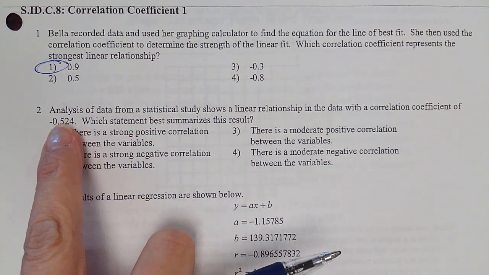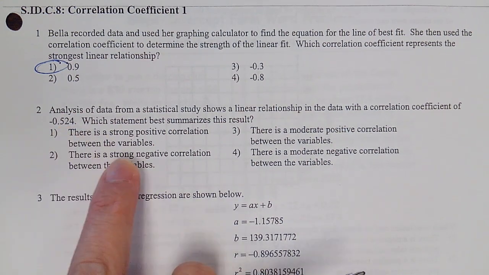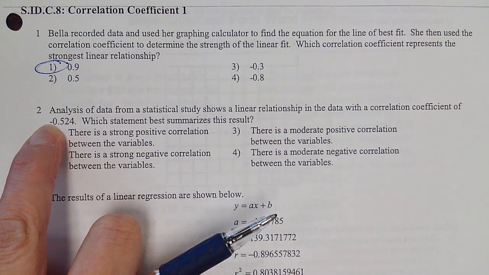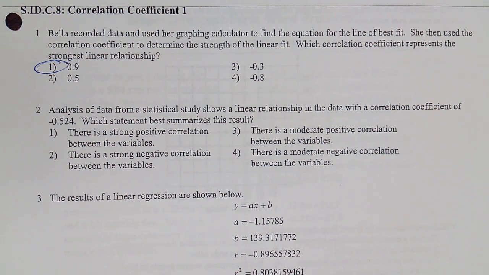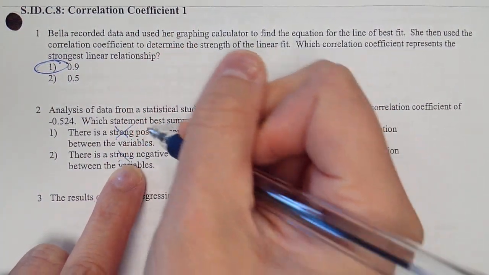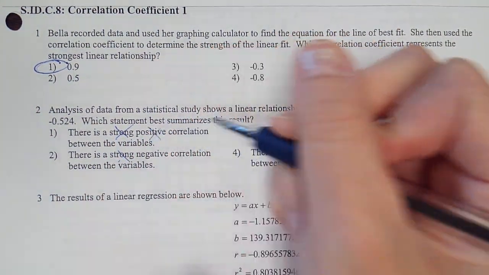Number 2. Given a correlation of negative 0.524, which one do you think it is? First off, the fact that the correlation is negative tells us it's what type of correlation? Negative. So that means this is out, because there's a positive here, and there's a positive here, so that's out.